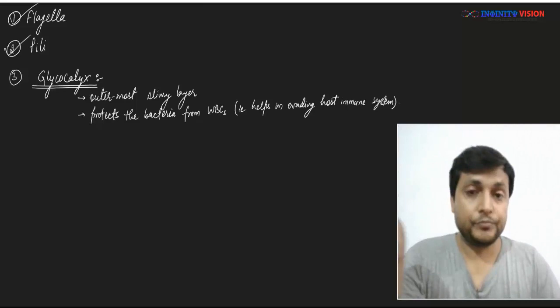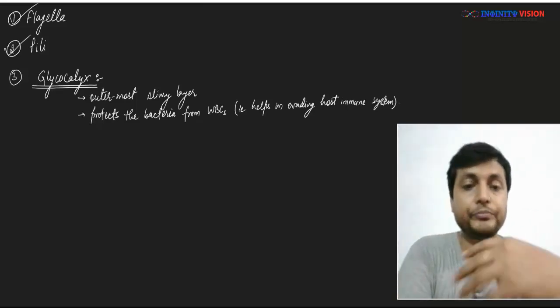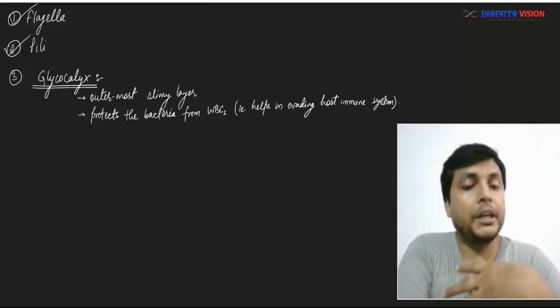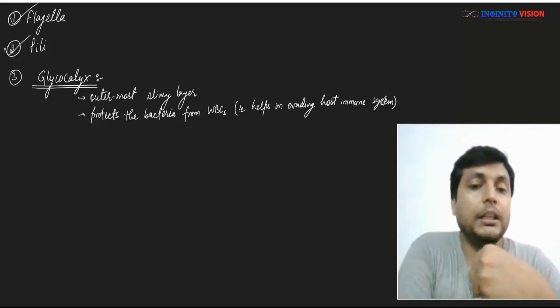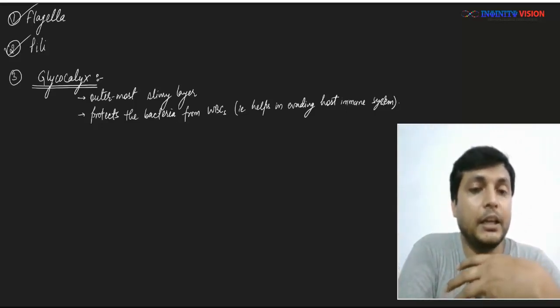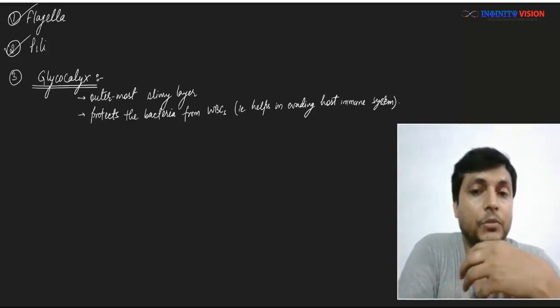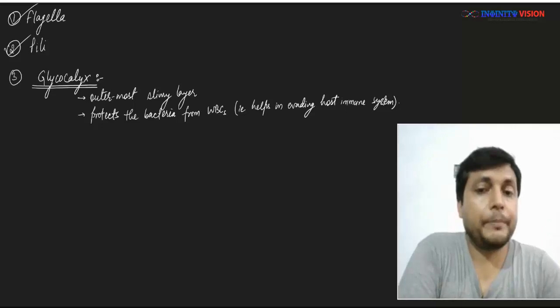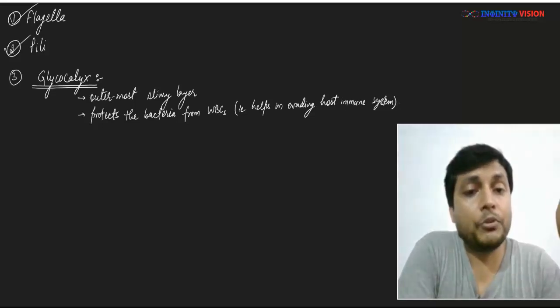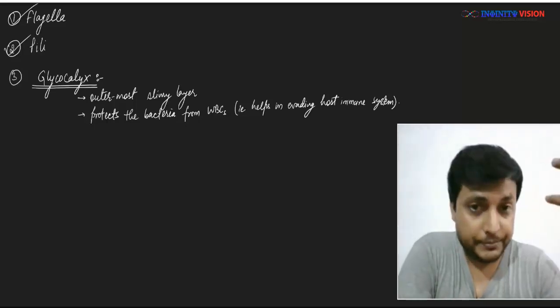Now understand, what is this immune system? देखिए, हम लोगों में किसी भी पैथोजन से लड़ने के लिए एक पूरा का पूरा organized system है, that is called immune system, and this immune system is composed of the WBCs.